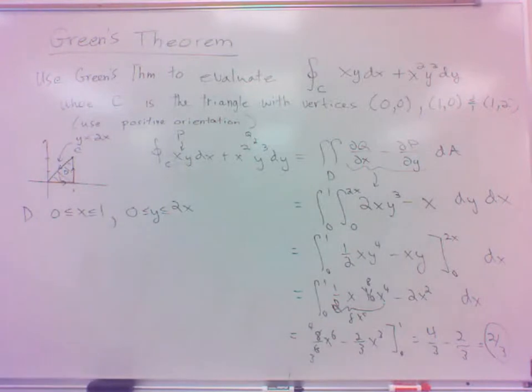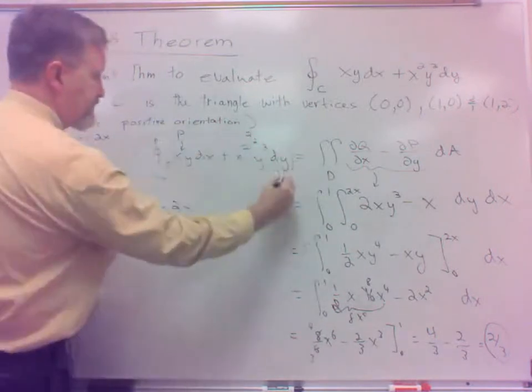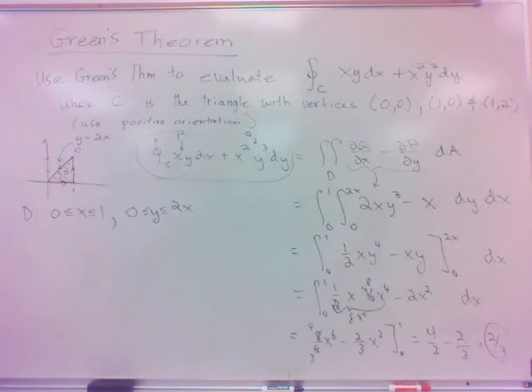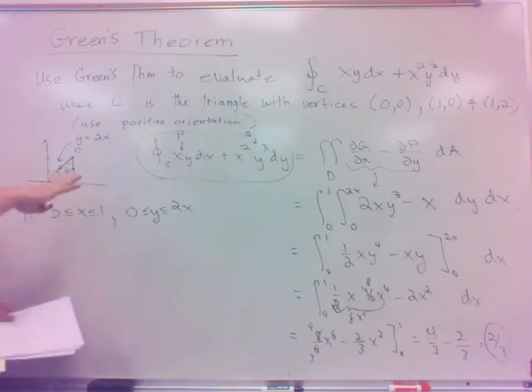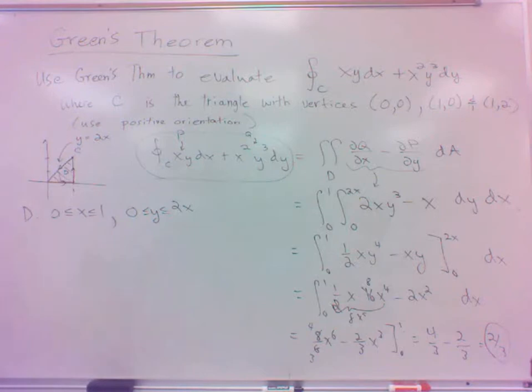Okay. And so like we said, we could have done this without doing this. But doing the line integral, you have to get the integral on this. Then you do the second part plus the integral on that. Get that line, and then the integral on that. So it would have been 3 integrals we'd have to set up. And I think we'd probably be better off going this way a little. Like I said, if I had time, I would go through and show you that the line integral does give you 2/3.